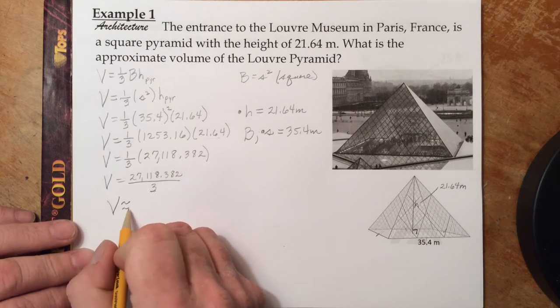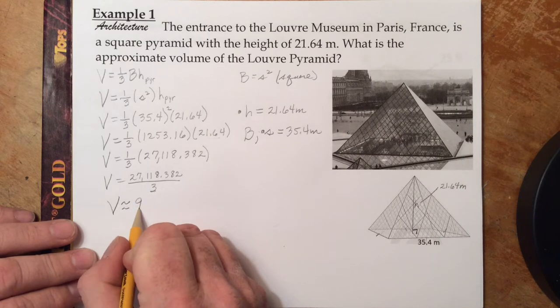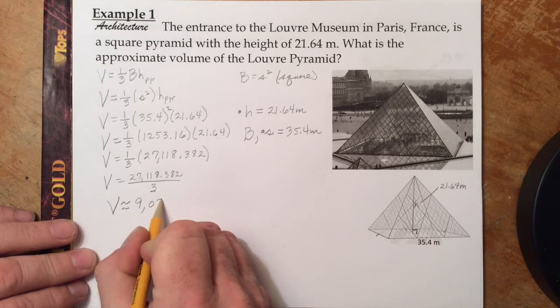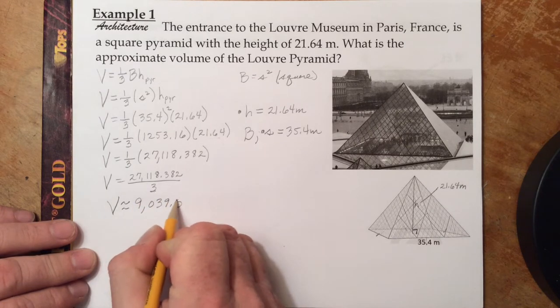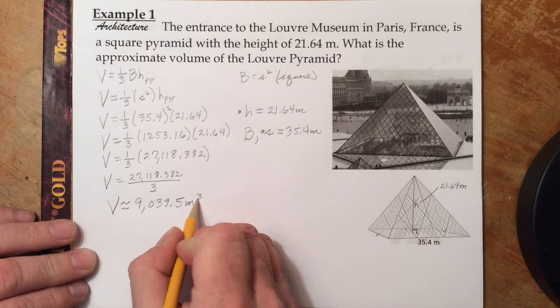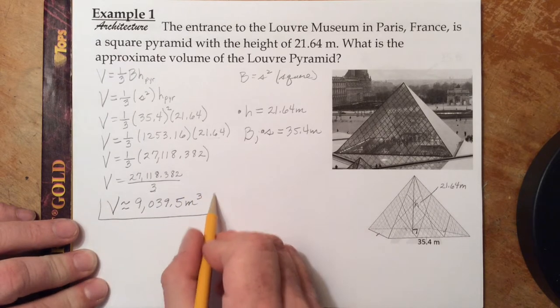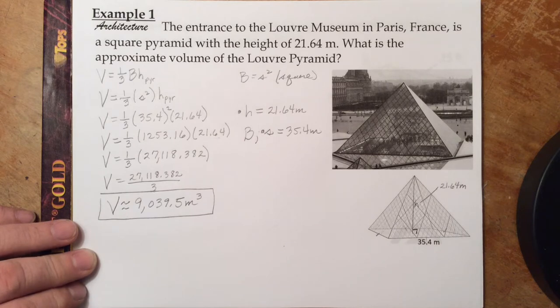So the volume, when you divide that in your calculator by 3, you get about 9,039.5 cubic meters, rounding to the nearest tenth of a cubic meter. So there's practically way over 9,000 cubic meters of space inside the Louvre Museum pyramid.